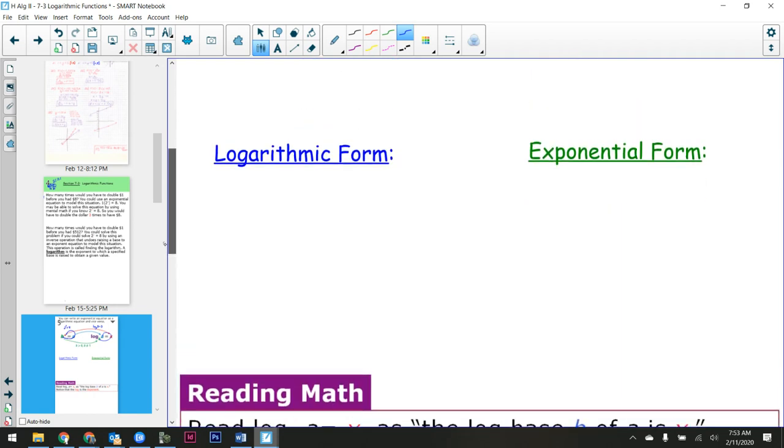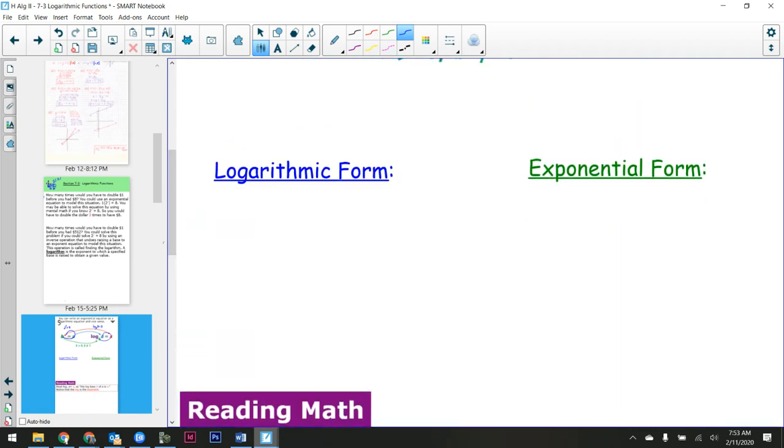So let's do a couple more of these. Let's just think about some powers. 3 squared is equal to 9, a true statement that we know. That's exponential form.